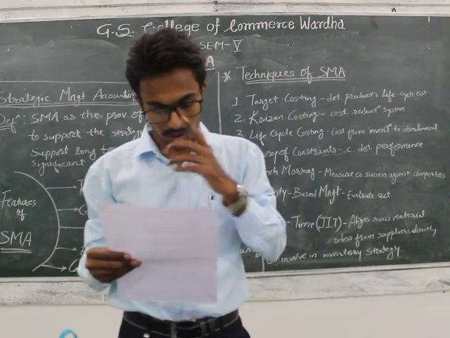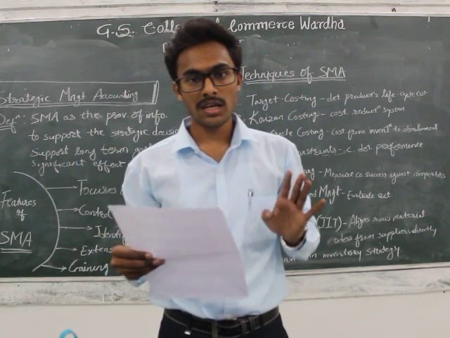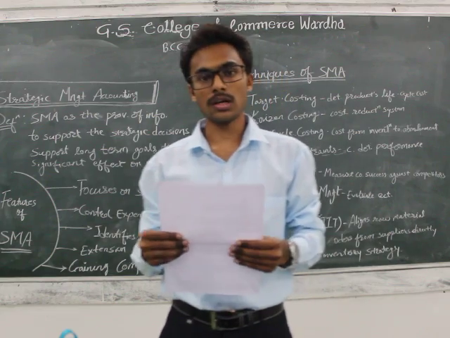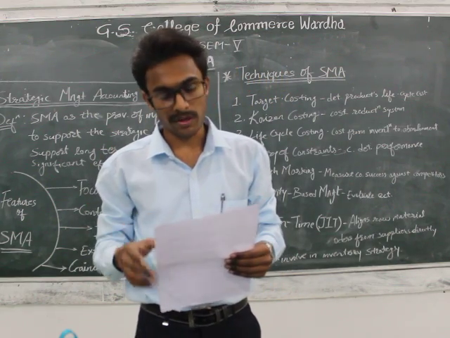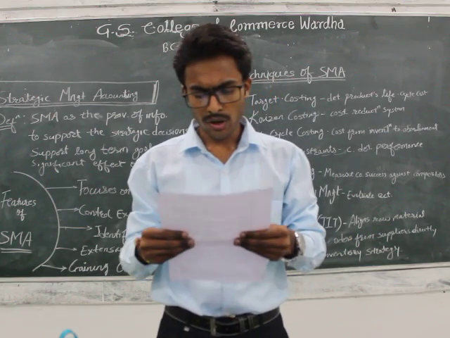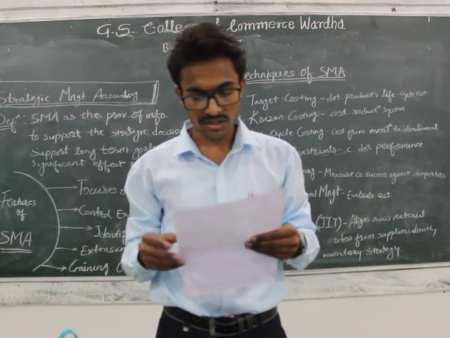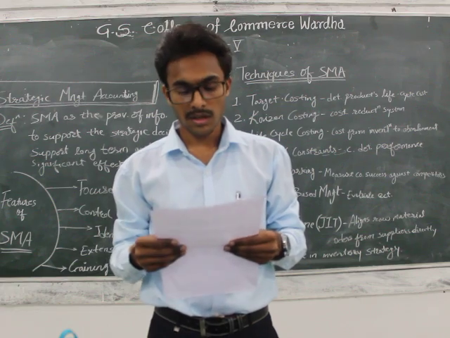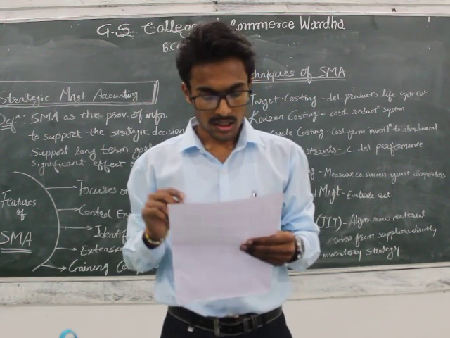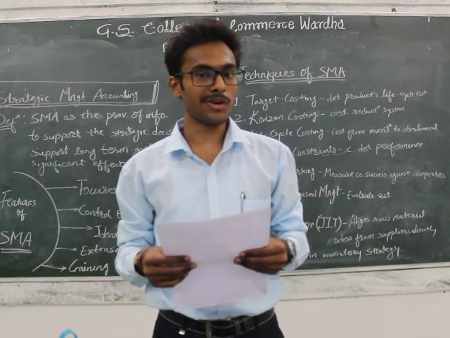You have a total of 4 units, of which we have completed one and are now studying the second one. In this unit you have 2 broad chapters, under which there are lots of concepts. We will start with the first one, named Strategic Management Accounting.